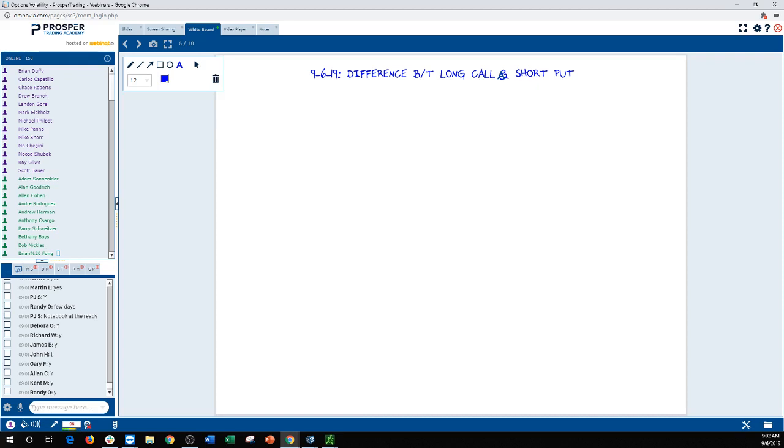What is inherently the difference between a long position, which would be a debit position, where we pay out money, and a short position where we're receiving money or we're receiving a credit? So what are the P&L differences between the two? Okay, and then we'll go in specific to the long call versus short put.